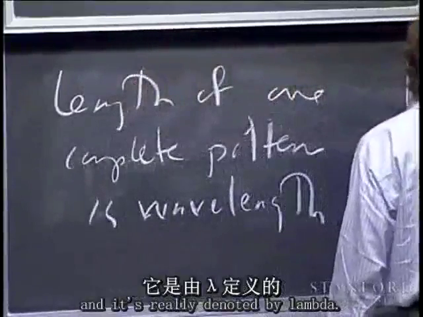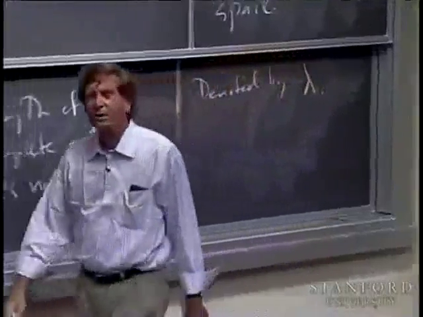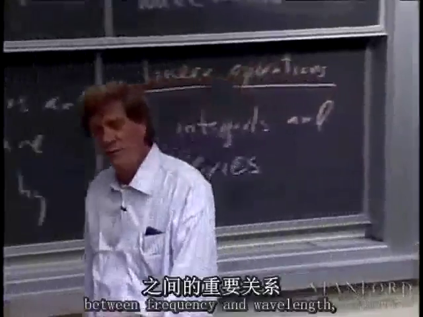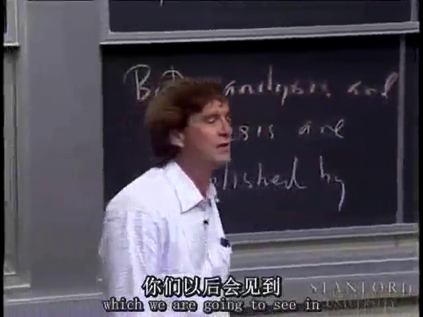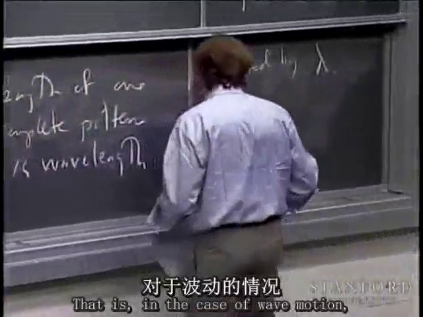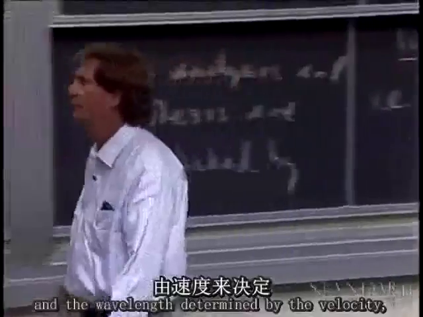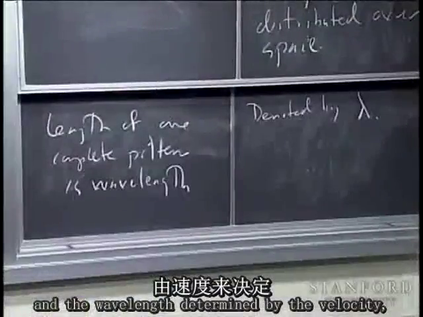It's usually denoted by lambda. But I bring it up here because of one important relationship between frequency and wavelength, which we are going to see in a myriad of forms throughout the quarter. In the case of wave motion, there is a relationship between the frequency and the wavelength, determined by the velocity.